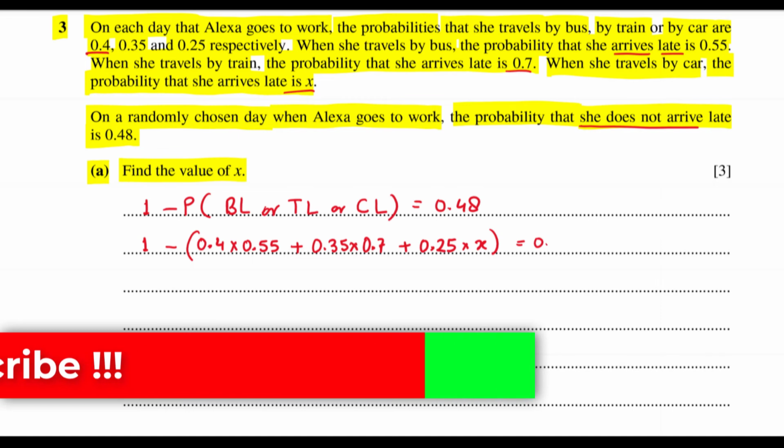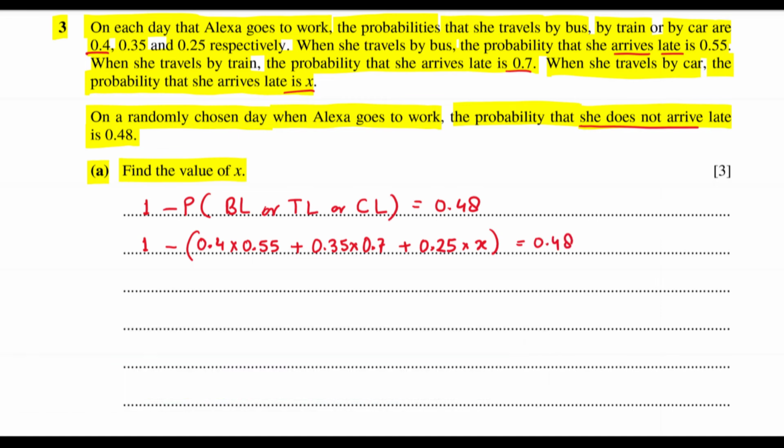This is 0.48. Now I'm going to transfer this whole thing to the right hand side as 0.48 to the left hand side, and we will subtract 0.48 from 1, so it becomes 0.52, and this whole thing we will calculate.